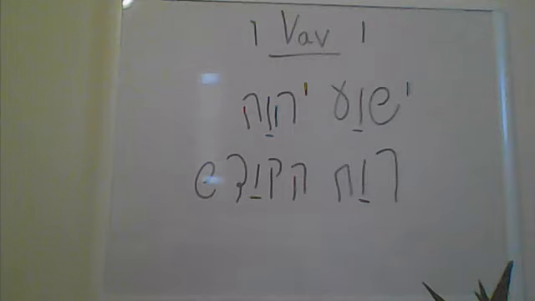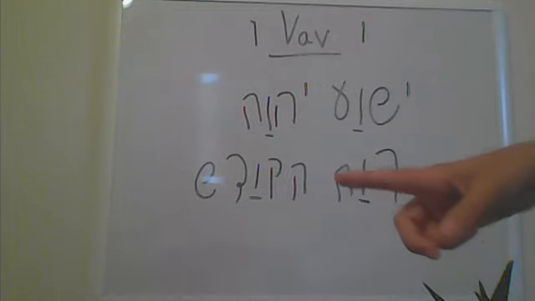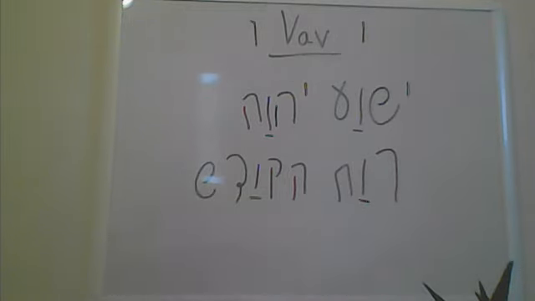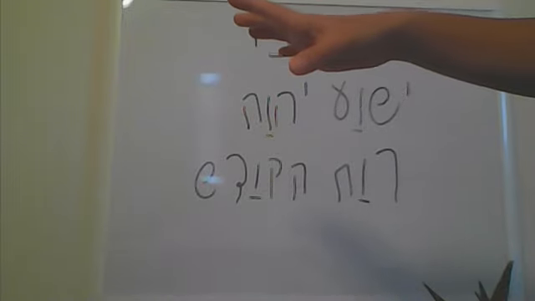Baruch Shem Kevod, Malchuto, Leolam Vayed. I think I pronounced that one a little wrong. But the point is that when we love him, we can live out his love. When we love his word, we will feed that word to others.